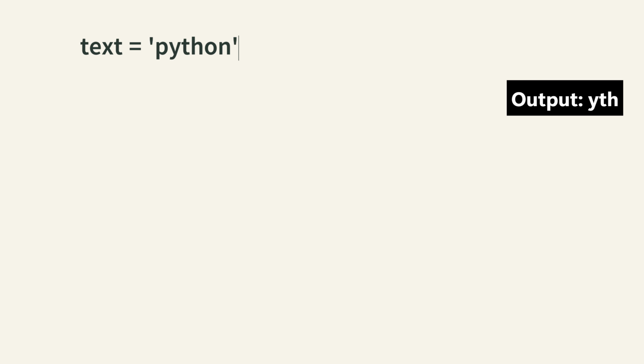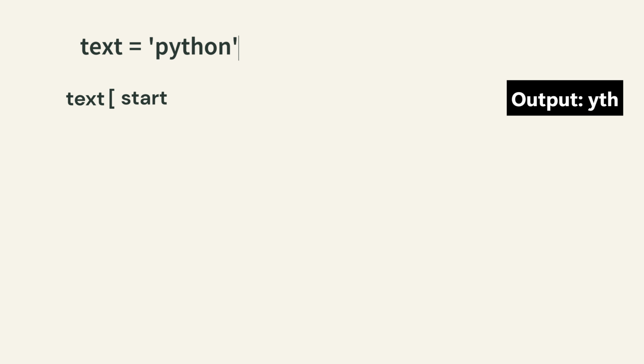In our case, as we have stored the string in the variable text, we will write text, then the square brackets, and then the first section, that's start. The start would tell us the start index, which means I will tell from which index I need to start including the characters of my string.